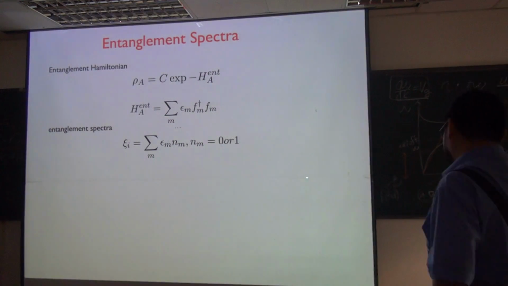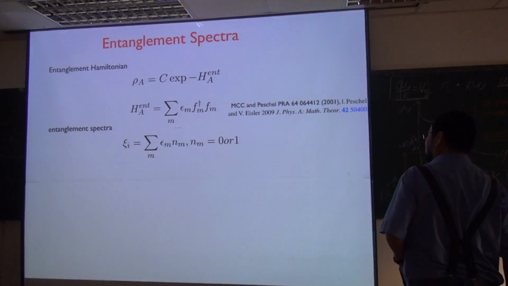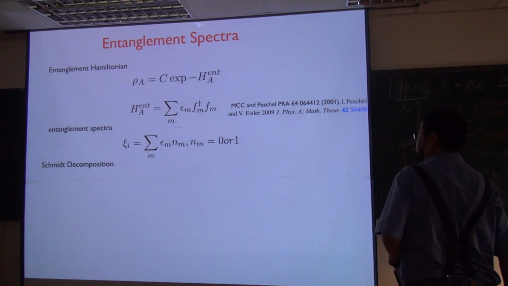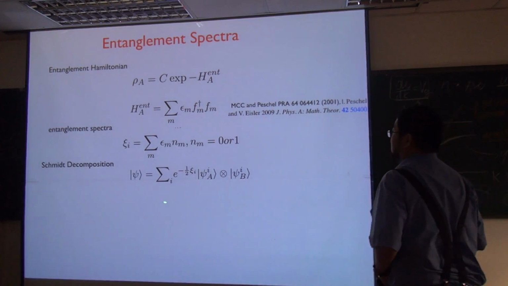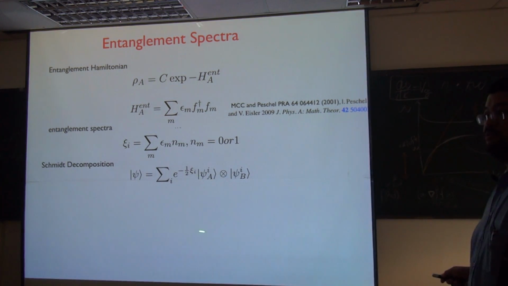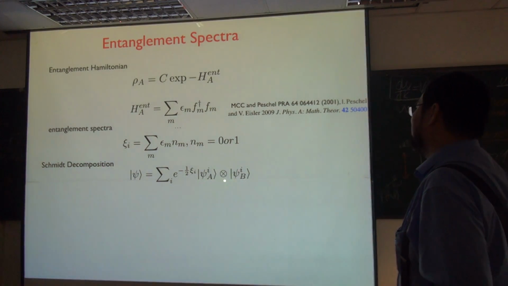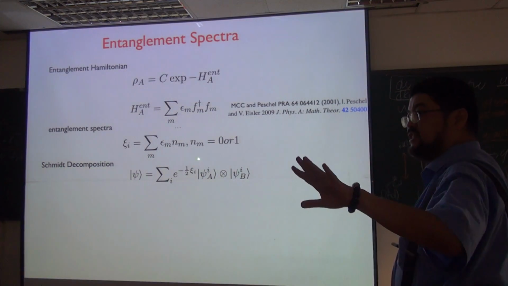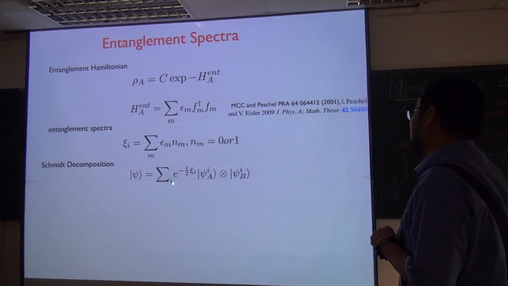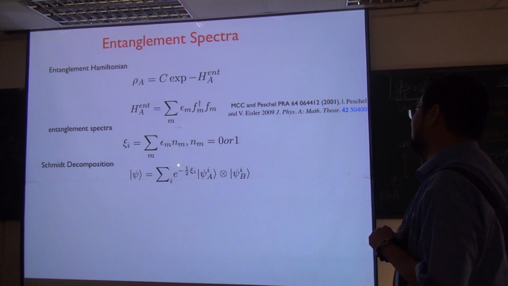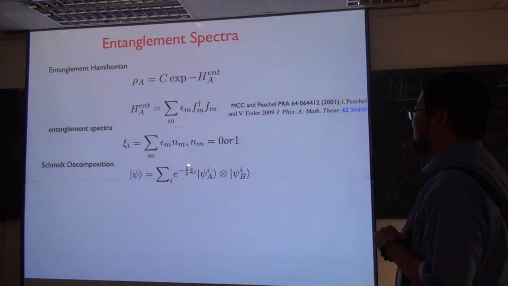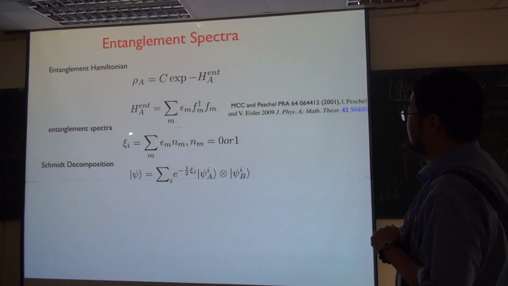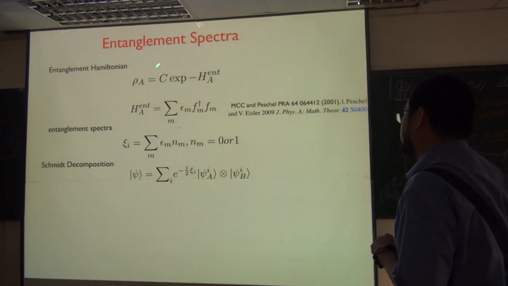And this entanglement spectrum is very interesting because it really can tell you the form of the Schmidt decomposition. A Schmidt decomposition is when you have two parts, and you find the state can be separated into the left-hand side and right-hand side, and then you get this eta here, which is really related to the entanglement spectrum we mentioned above.